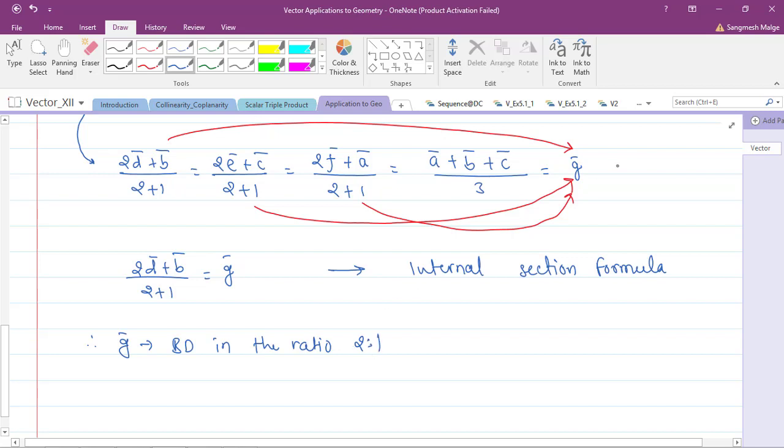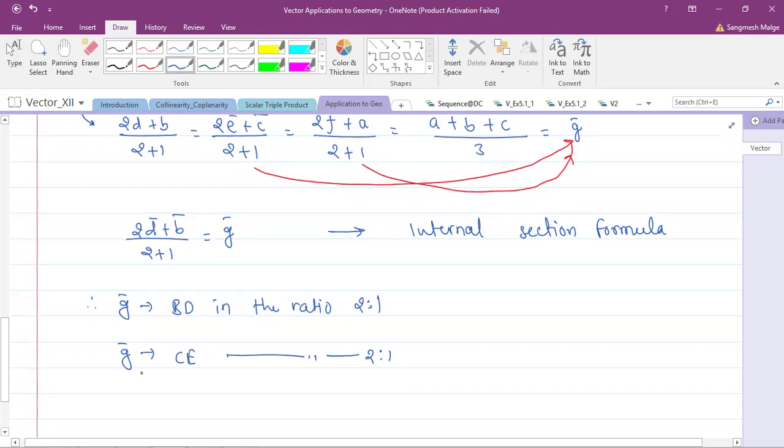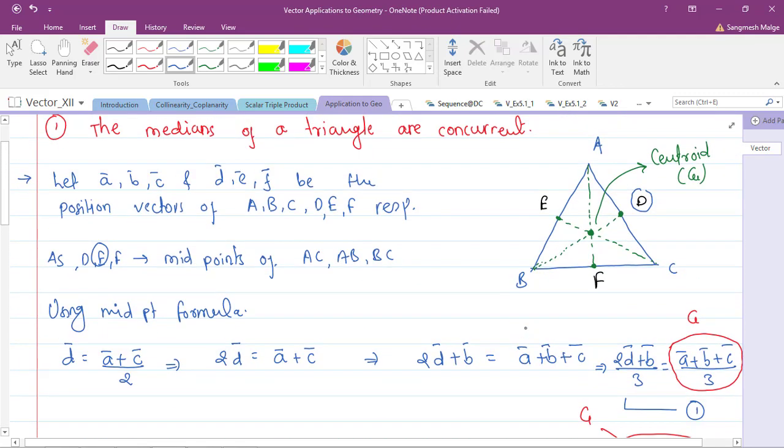Similarly I can say that g bar divides the segment CE in the ratio 2:1, and g bar divides the segment AF in the ratio 2:1. See, the ratio is the same and the point is the same. That's why we can say this point G divides the segment AF in 2:1. Let me use a different color so it is easy to note down.